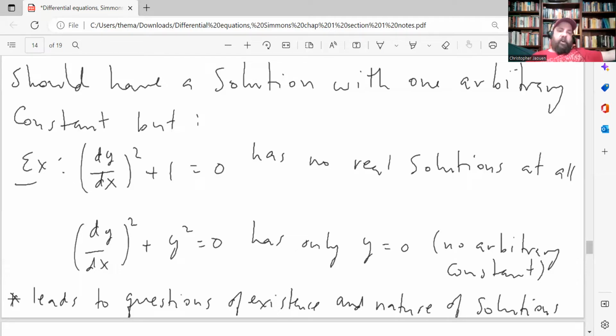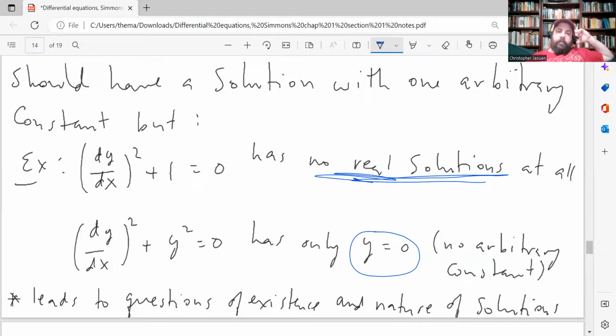If you look at this first order differential equation, the square of the first derivative of y with respect to x plus 1, this has no real solutions. So no real solutions at all. And the one below it, if you have the square of the first derivative of y with respect to x plus y squared equals 0, this only has a single solution and no arbitrary constant works.